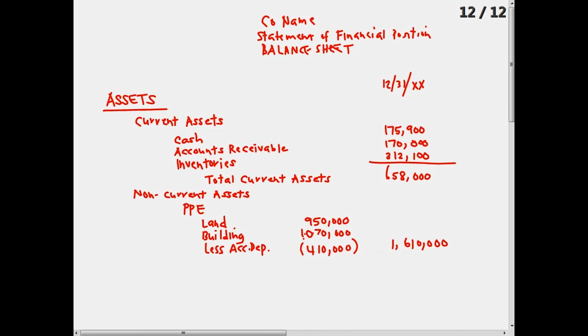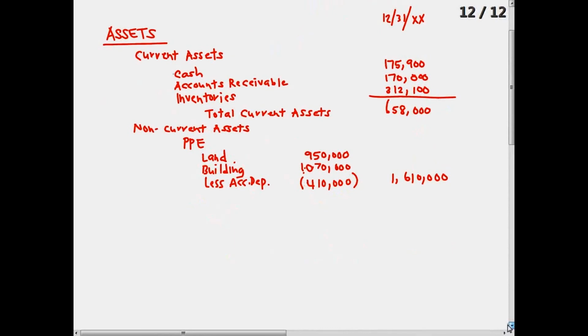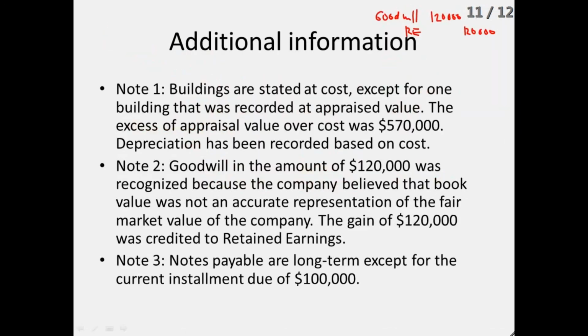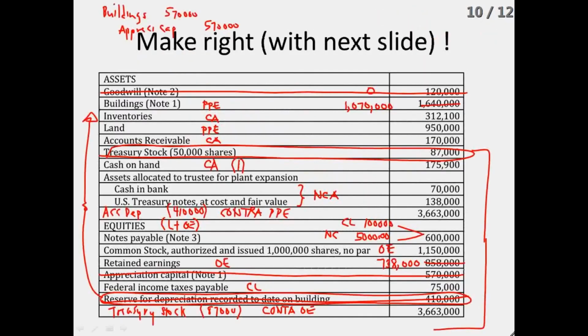Okay, what are some of our other non-current assets? So I'm sorry, the trustee held assets, which include cash in the bank plus U.S. Treasury notes, okay?